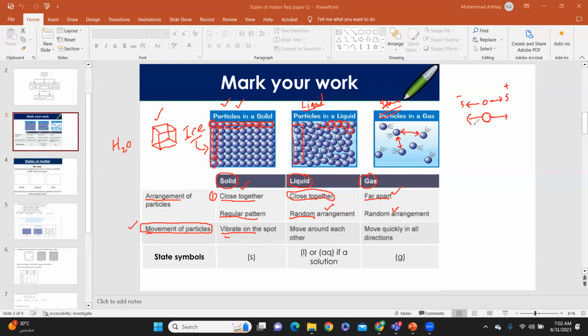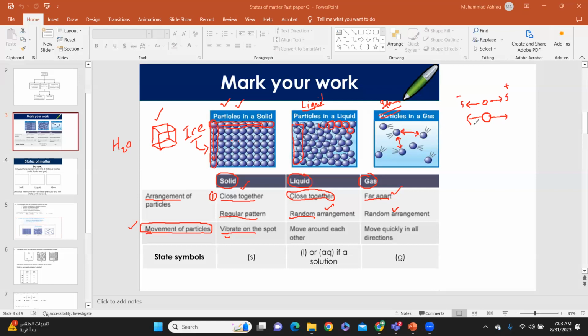Actually they are not going to change their position. So the first thing here is about vibration, the movement in solids: only vibration, and that is very, very minor. But we can't say that they are immobile; we don't use this word. They are moving.